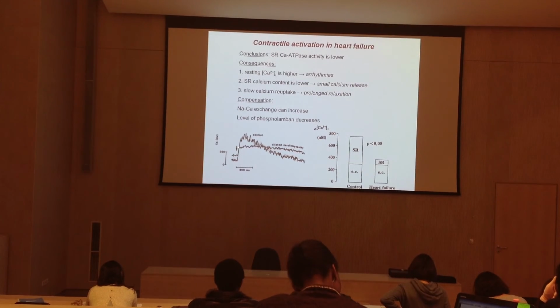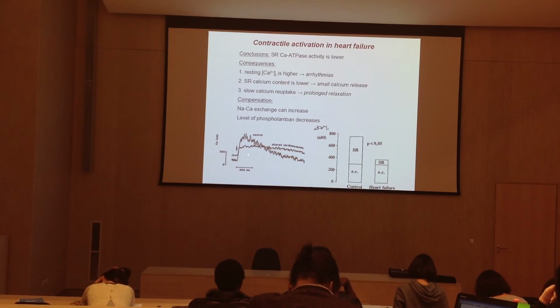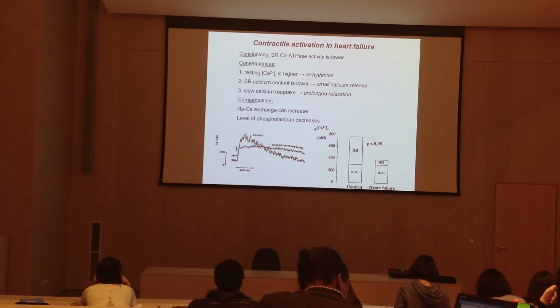The rising phase is very small, and during the diastole, the decrease of calcium concentration, the removal of calcium, is much, much smaller. It's quite easy to see that the released calcium is very small. The increase of calcium level is much smaller than in the control fibers.